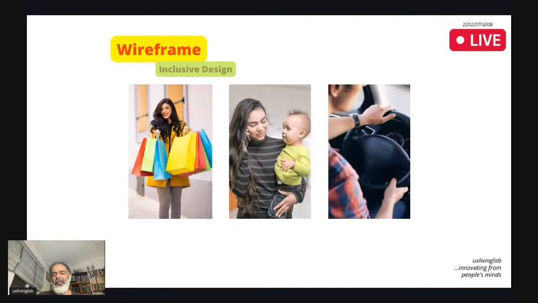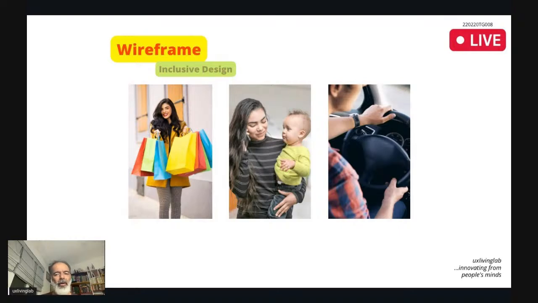As I said, consider a person carrying a lot of products after shopping. How can that person book an Uber? The user is disabled at that moment because she is carrying a lot of products in her hands, so she can't operate the phone.